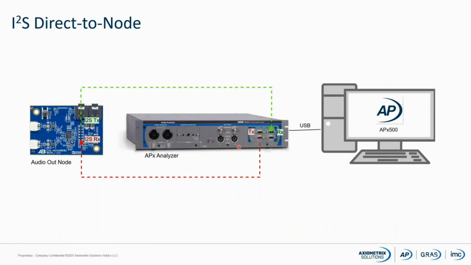So using this digital serial I/O, or DSIO, module, the AP can transmit or receive audio from a node, again using I2S or another serial format, using either the device or the AP as the clock source.